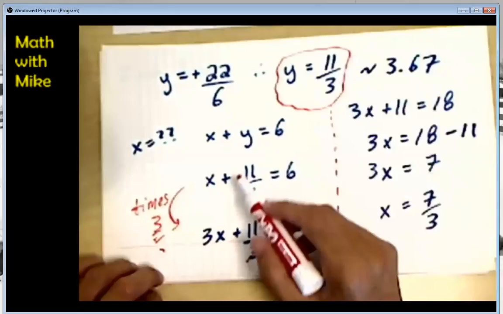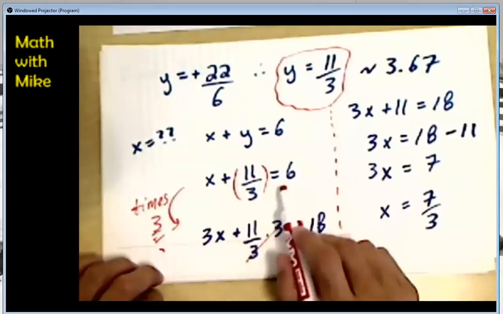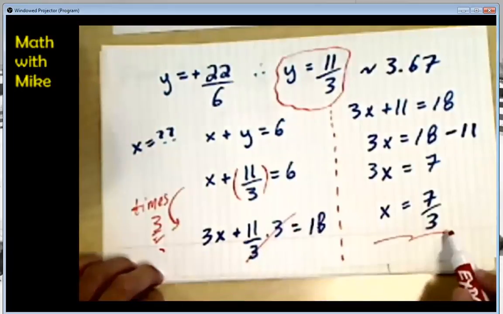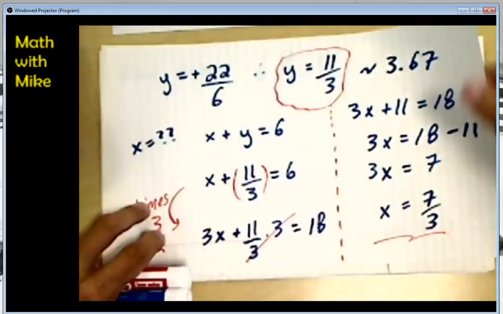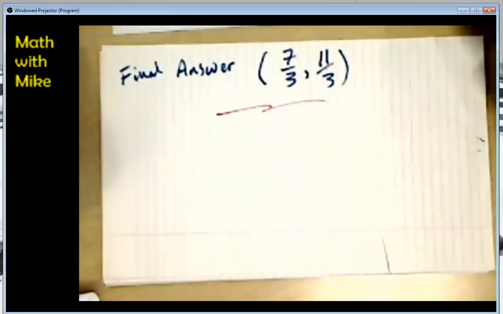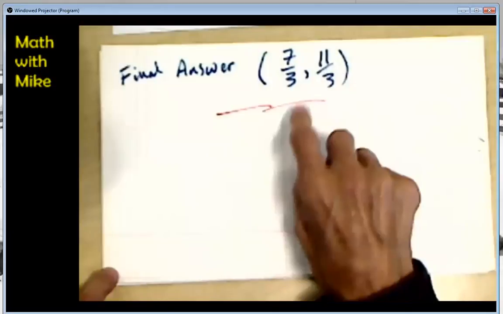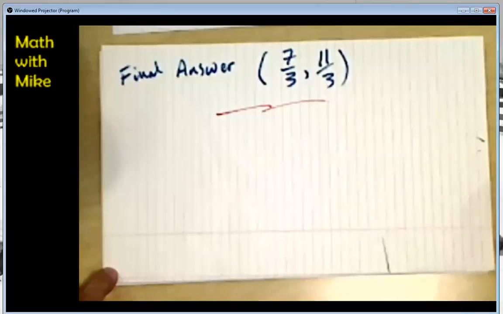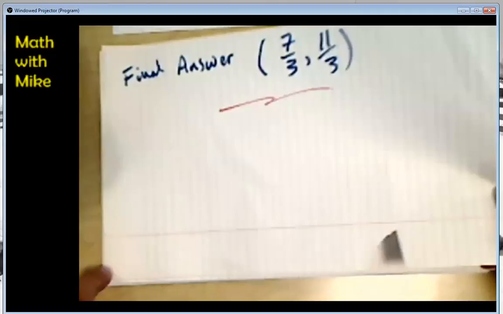And then we just sub and solve to get the x value that goes along with it. Okay. Giving us the final answer, which is a point. It's where these two graphs cross one another. Right there. Any questions about that? No?